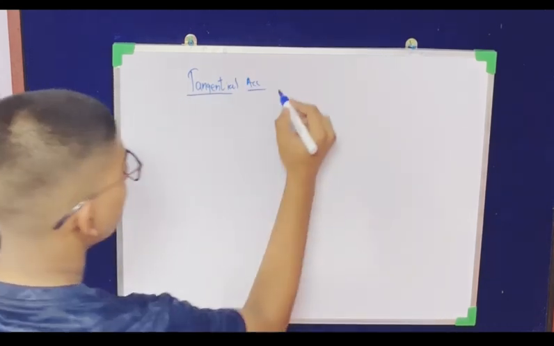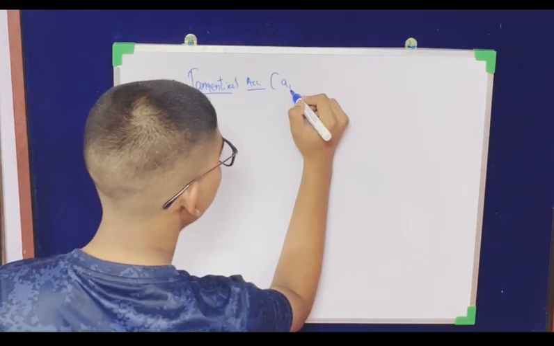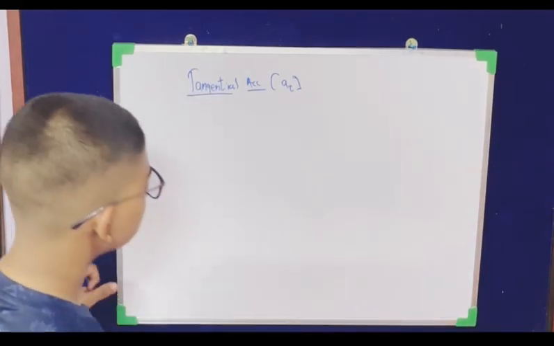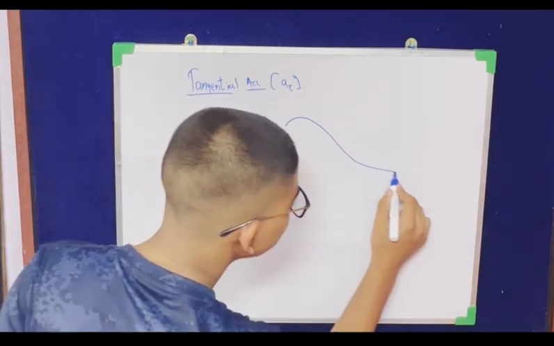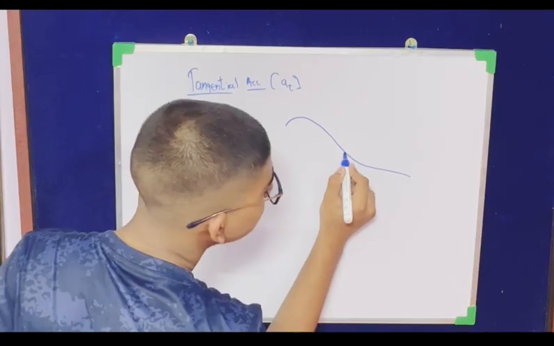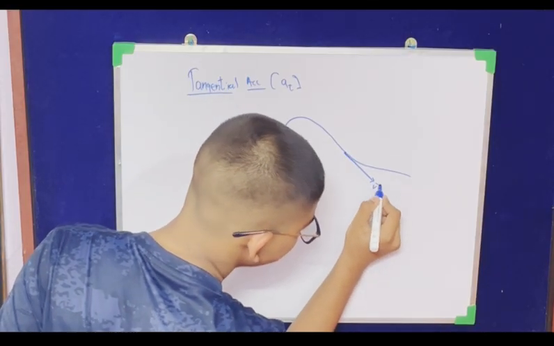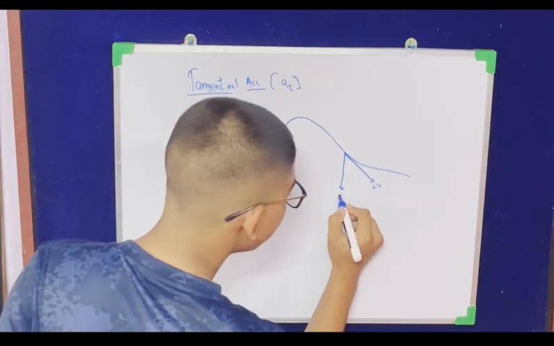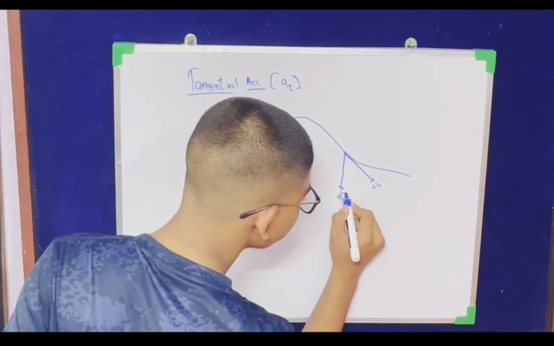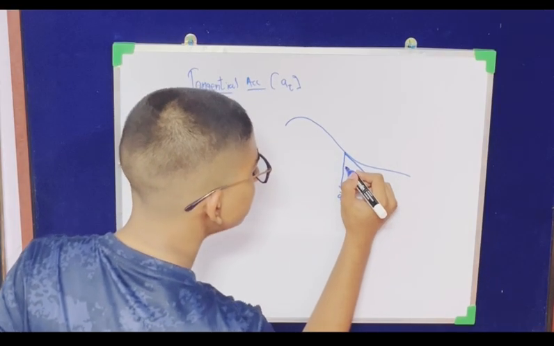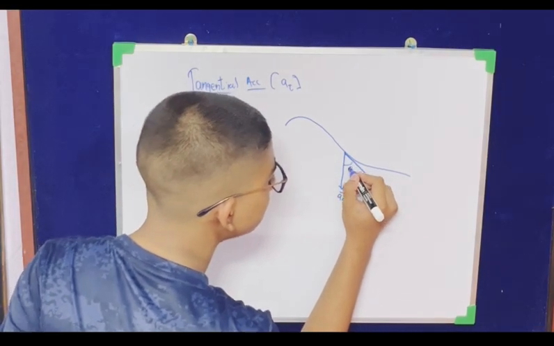So let us denote this by AT. First, let us imagine a case where there is a random path like this. At this point the velocity is in this direction, and let us consider the net acceleration here, and the angle made by the acceleration and the velocity is theta.